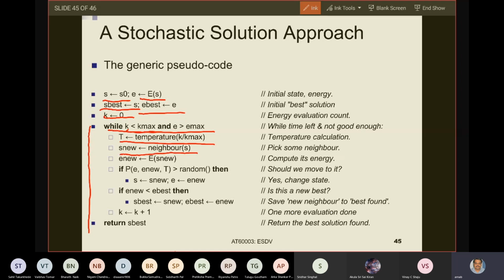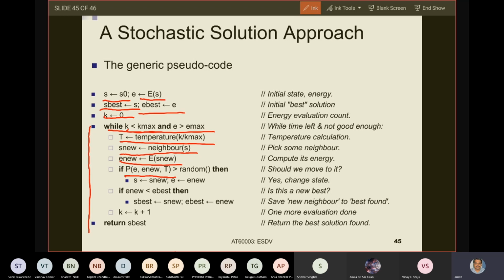What is E new? E new is the cost of the new solution. So small e new is capital E of S new. S new is the new solution and E new is the cost of the new solution. Now this neighboring solution can be better or worse than the current solution, right? Now the question is, what is P? P is a probability.